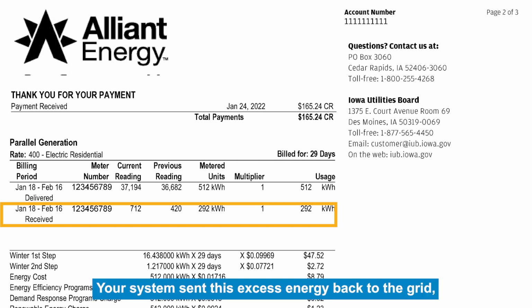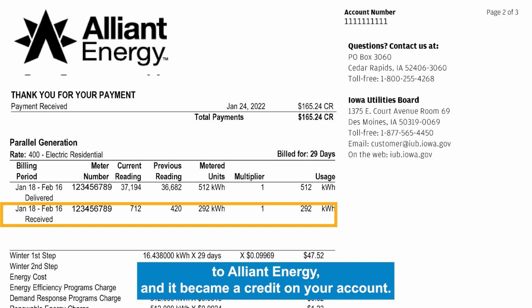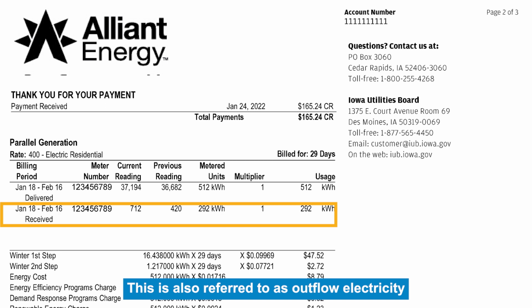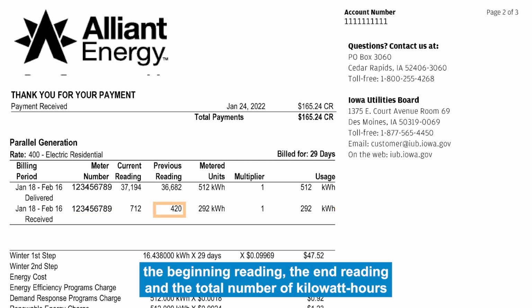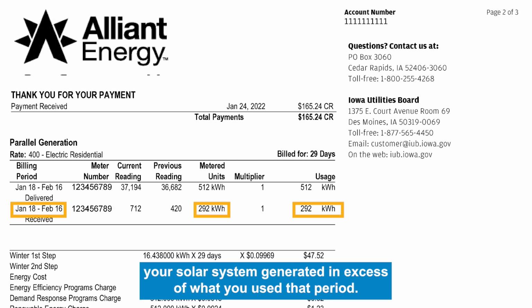Your system sent this excess energy back to the grid to Alliant Energy, and it became a credit on your account. This is also referred to as outflow electricity that flows out to the grid from your home. Similarly, you will see your meter number, the beginning reading, the end reading, and the total number of kilowatt hours your solar system generated in excess of what you used that period.